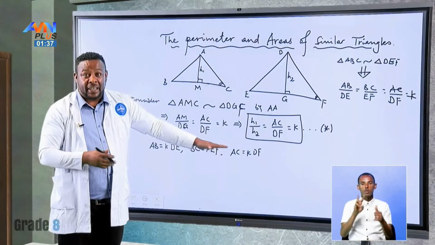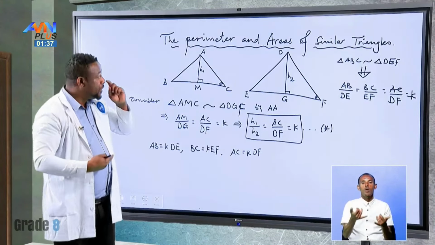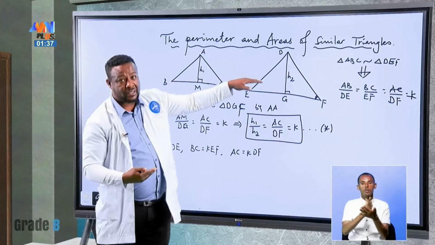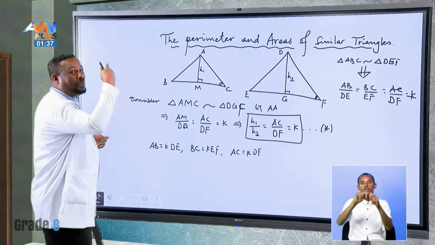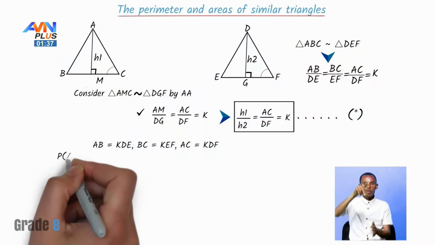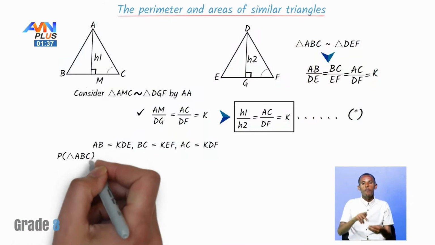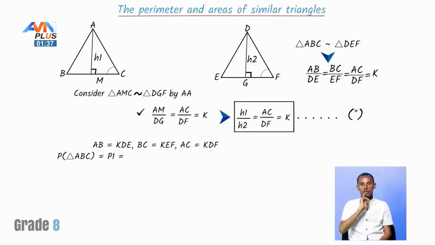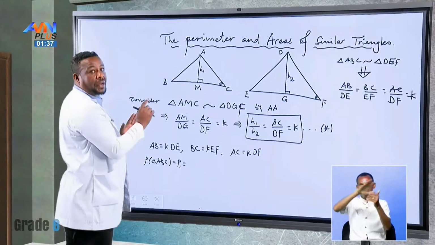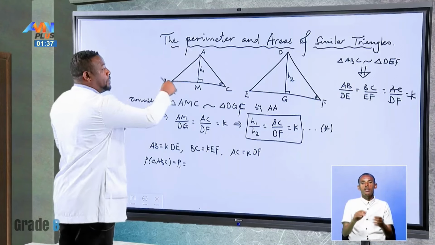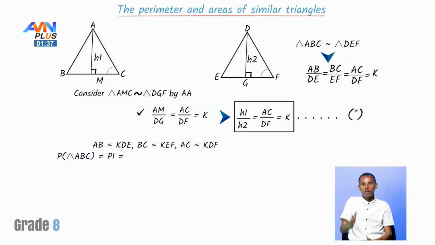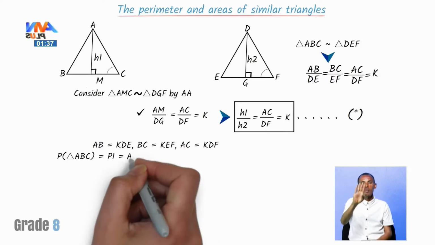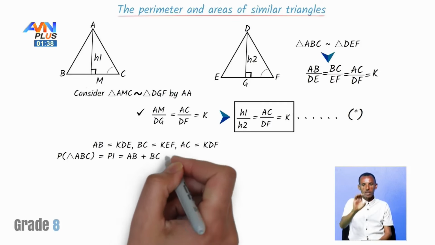Once we have this, now we can create a relationship between the perimeters of these two triangles. Let's say the perimeter of triangle ABC is P1. Perimeter means the sum of all the sides, right? The perimeter of ABC means the sum of these sides. So P1 is AB plus BC plus AC.